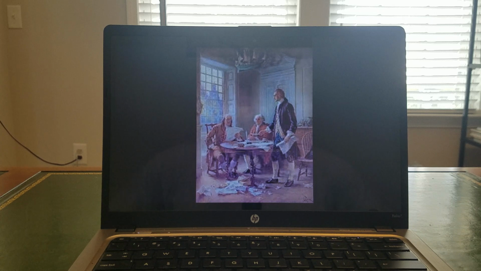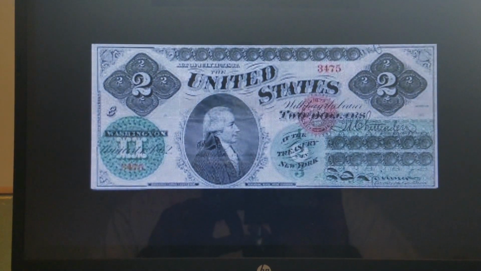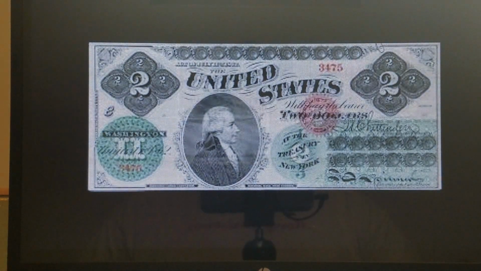All right, so the first $2 bills, called United States notes or legal tenders, were issued by the federal government in 1862 and featured a portrait of the first Secretary of the Treasury, Alexander Hamilton, which we see right there. Now zooming in a bit, you can look at the detail of this note. It's a very beautiful note.